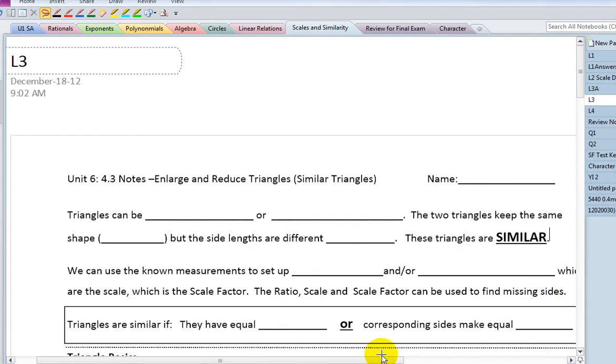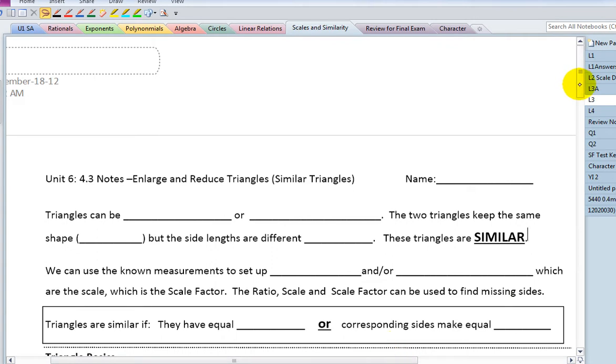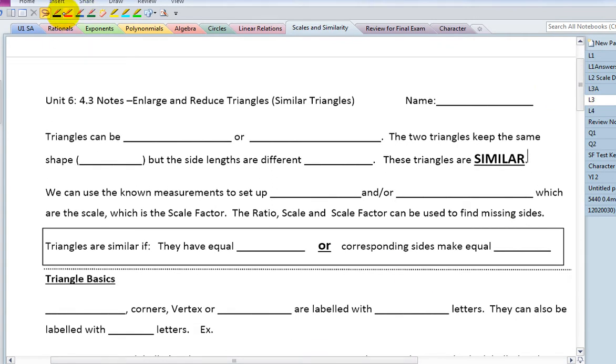So today's notes, we're looking at similar triangles. Not equal, but similar. And we use that to describe anything that's just been enlarged or reduced. So the two triangles keep the same shape, which means they have the same angles as before, but their side lengths are different sizes.